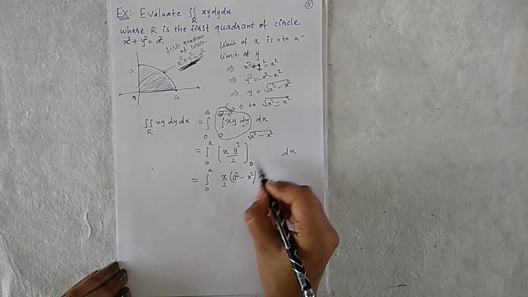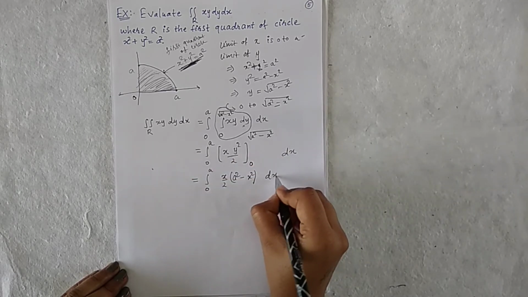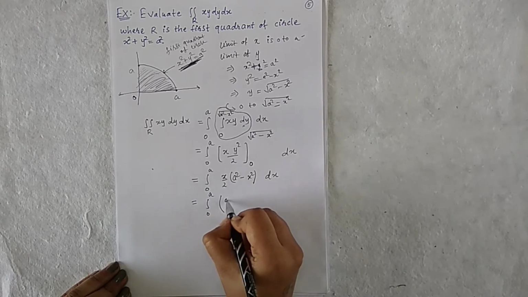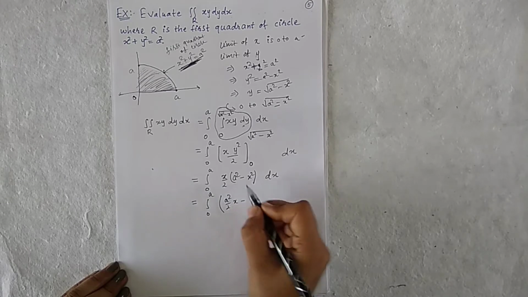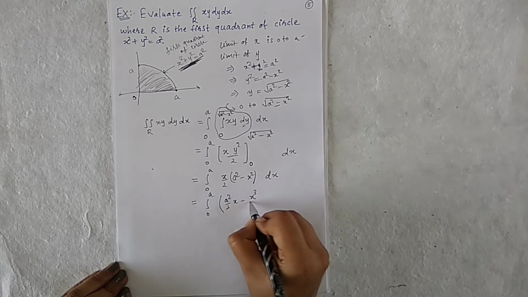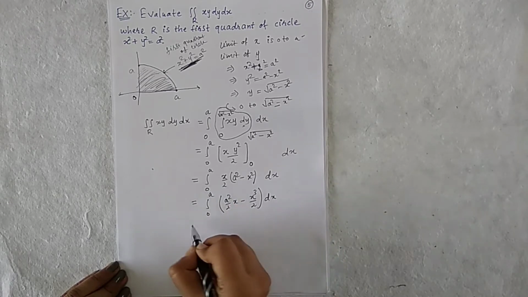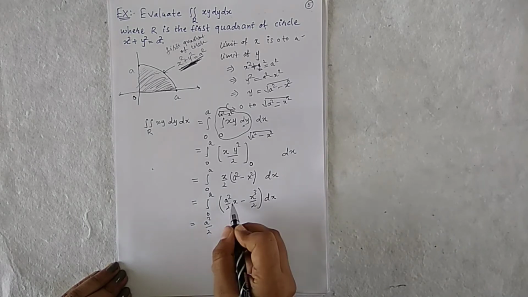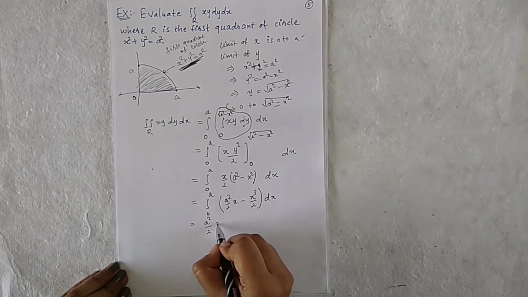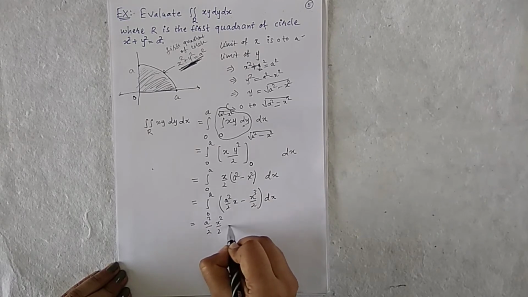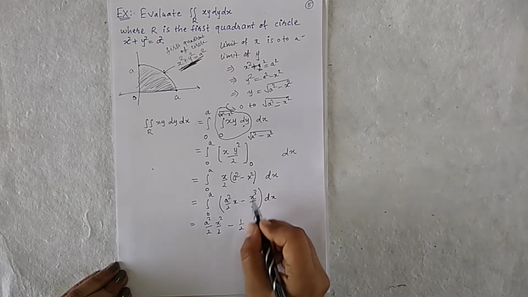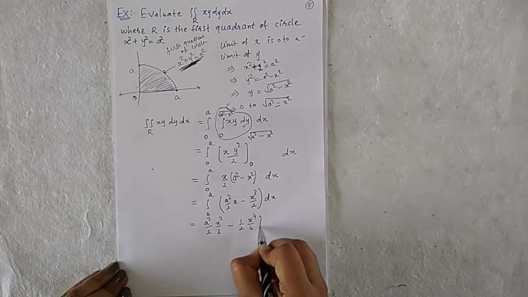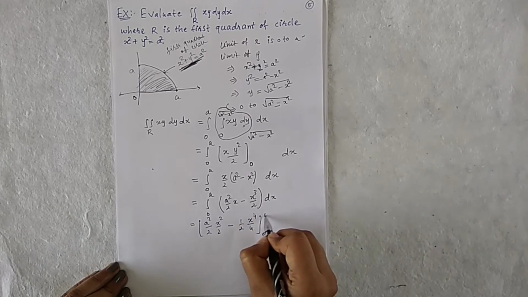When you put 0, everything becomes 0, dx. So from 0 to a, a square by 2 times x minus x cube by 2 dx. Integrating this term, a square by 2 times x square by 2, minus 1 by 2 is constant and the integration of x cube is x raised to 4 by 4, with limit 0 to a.